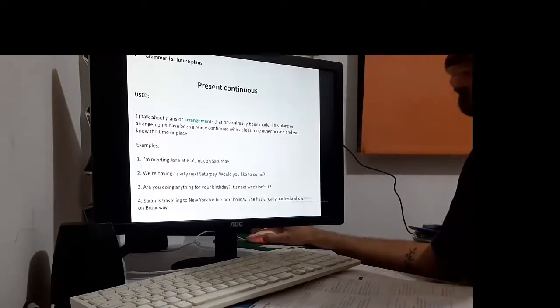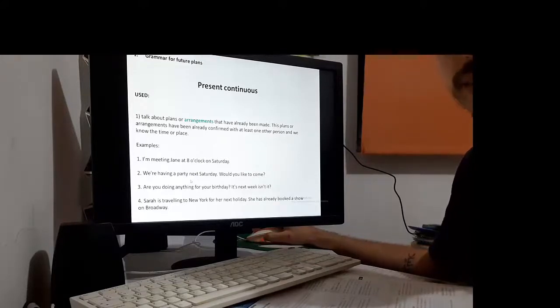It's a plan that is placed in a specific time and maybe in a specific place. So this is the important thing. You know the place, you know the time, and to have a party you need more than one person that confirms the party.